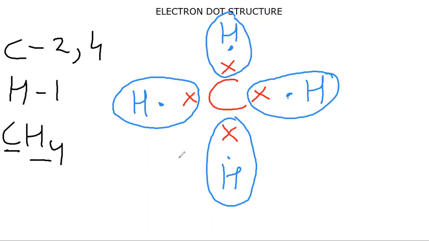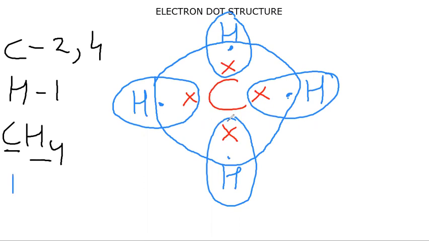Similarly, the carbon will share one electron with each hydrogen, and in this way the carbon atom will also have a stable configuration. So this is how we can draw the electron dot structure for methane. This compound is methane.